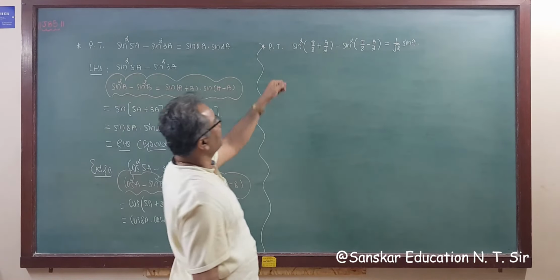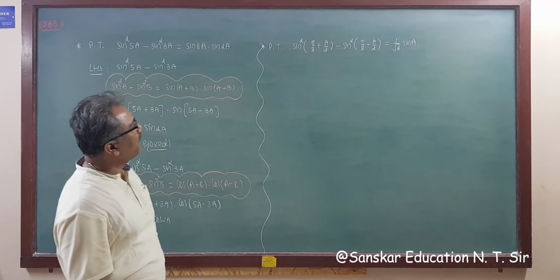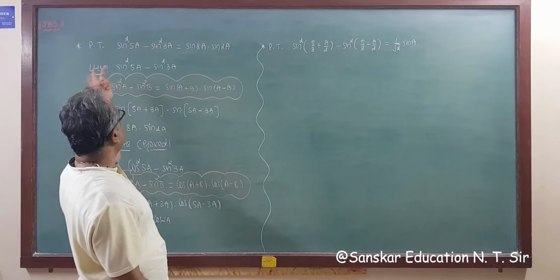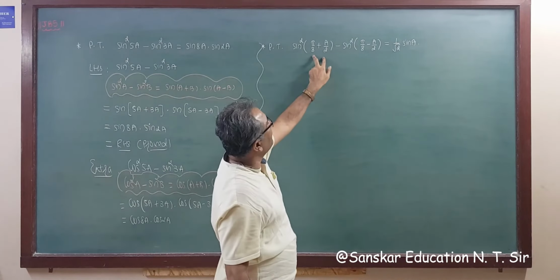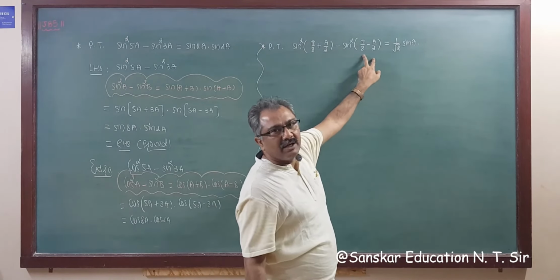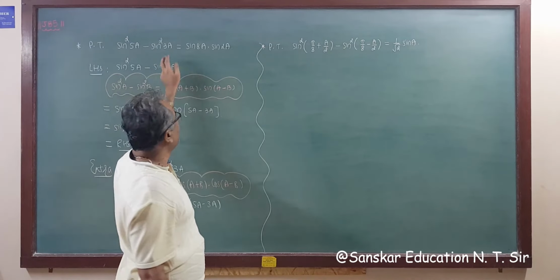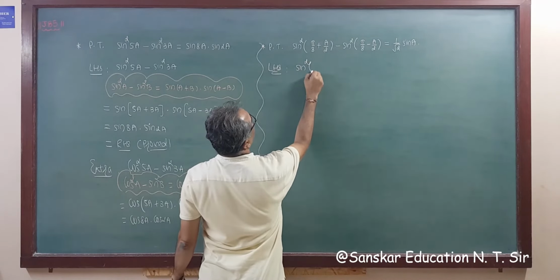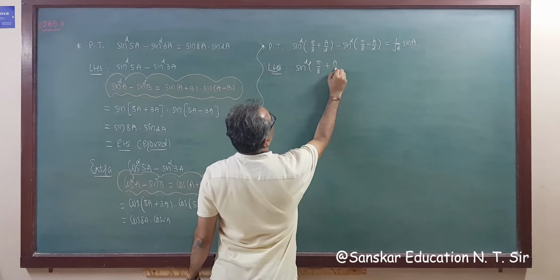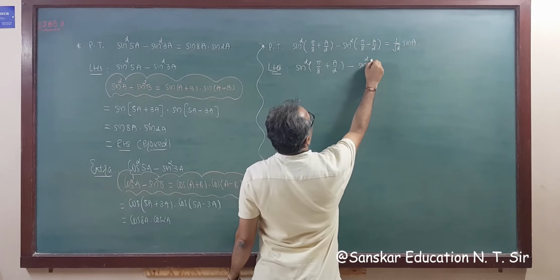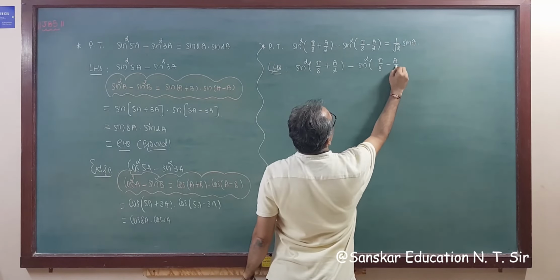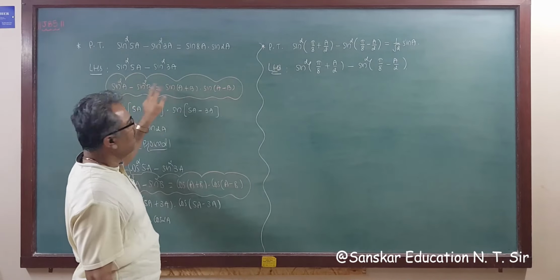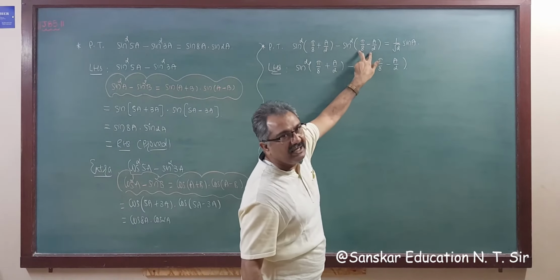Now similarly another example here. Prove that sin square (pi by 8 plus A by 2) minus sin square (pi by 8 minus A by 2) is equal to 1 upon root 2 sin A. Same example: instead of 5A it's given pi by 8 plus A by 2, and here pi by 8 minus A by 2 instead of 3A. Applying the same formula, sin square A minus sin square B, the answer is sin(A plus B) into sin(A minus B).